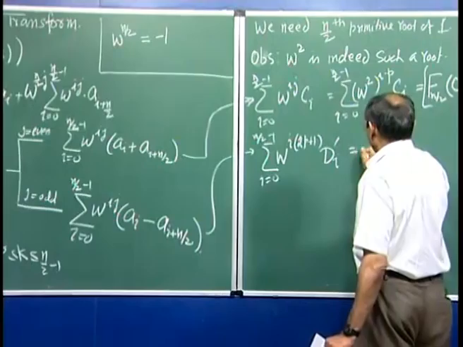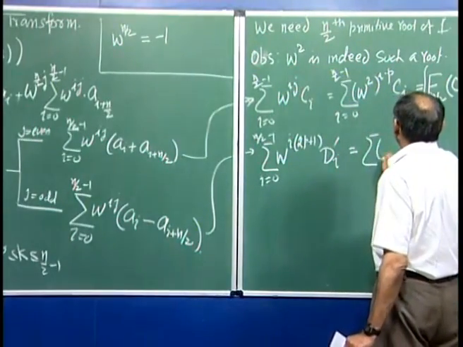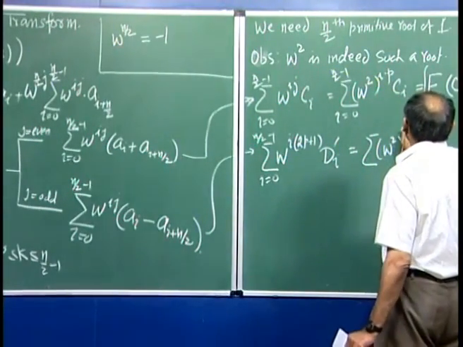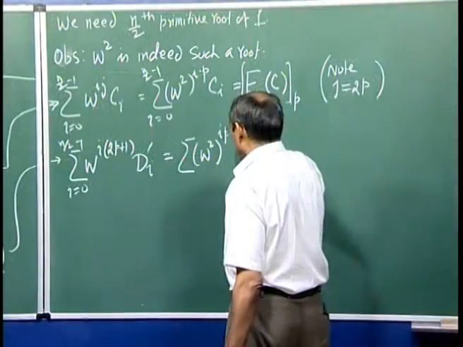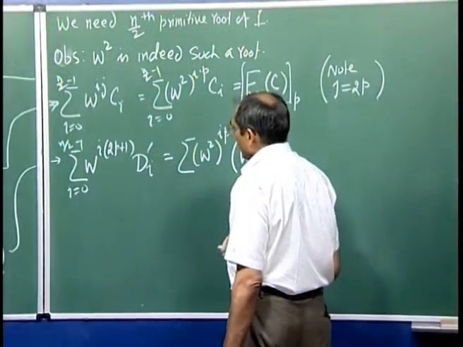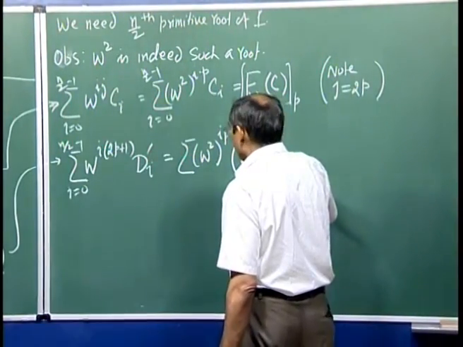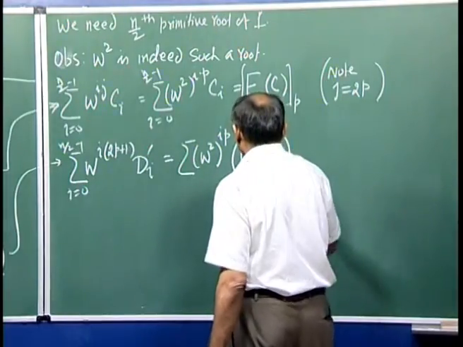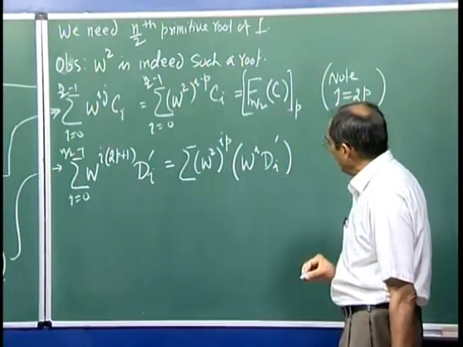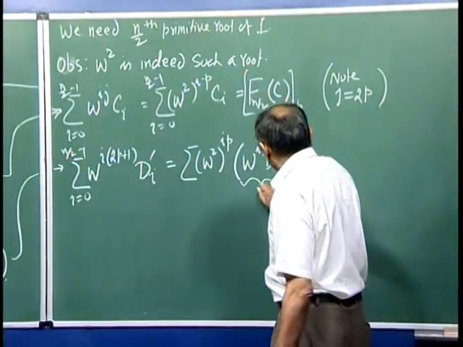This I can write down as sum w square i p, w power i d prime i, and let us call this quantity di.